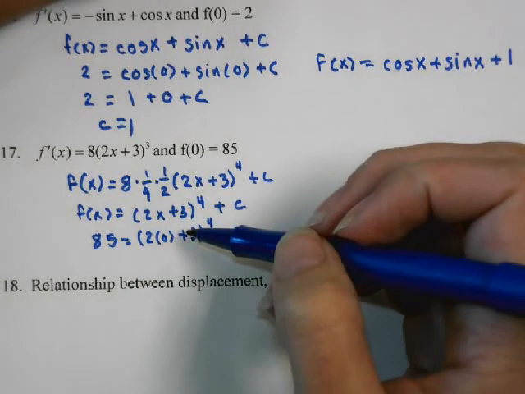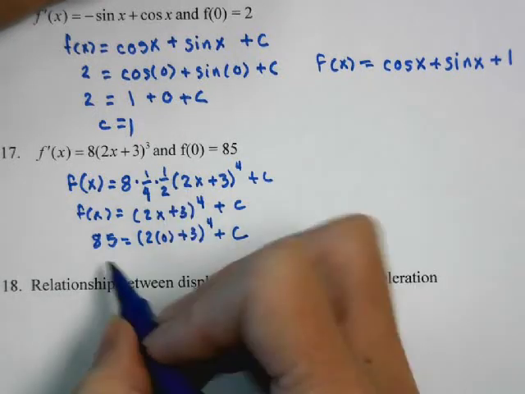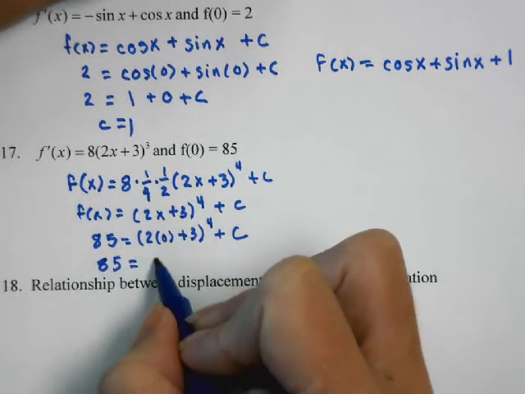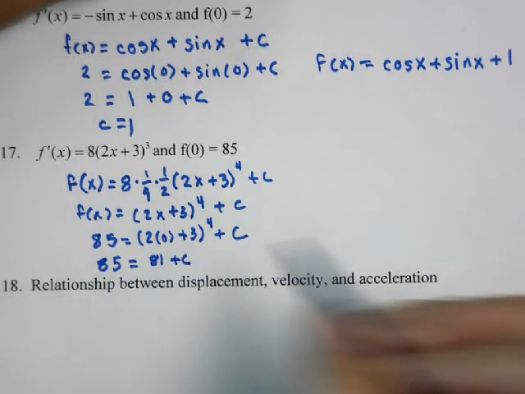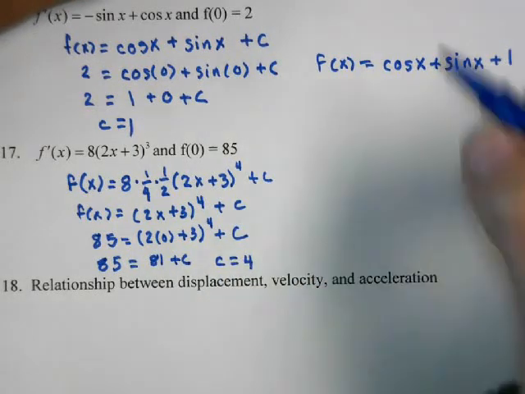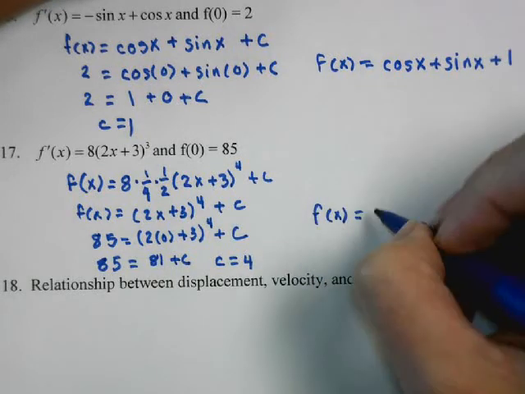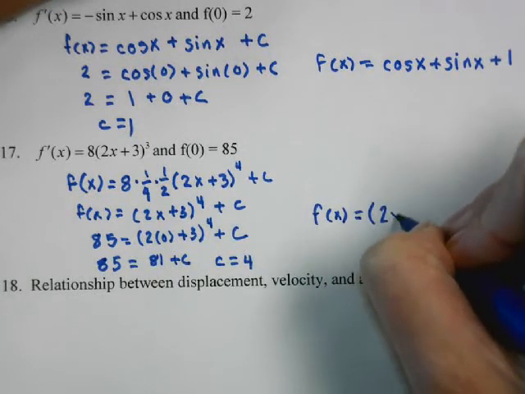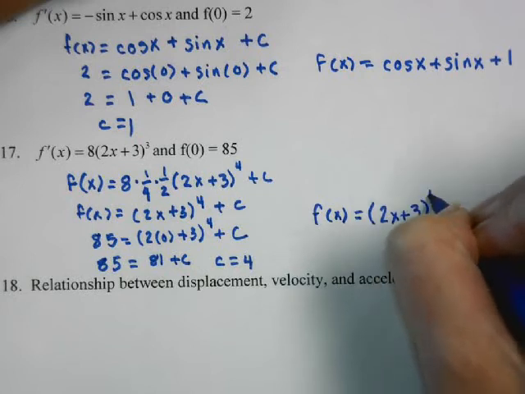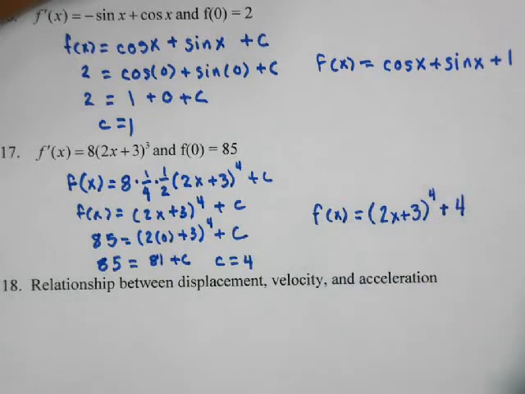So if I plug this in, 2 times 0 is 0, 3 to the 4th is 81. So my c is going to be 4. So my particular solution is going to be 2x plus 3 to the 4th plus 4.